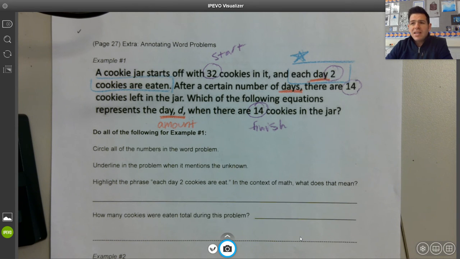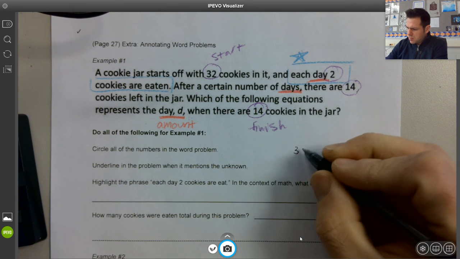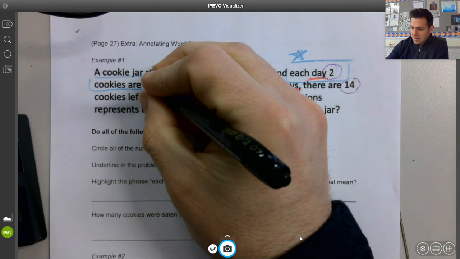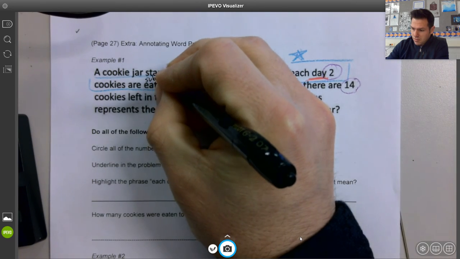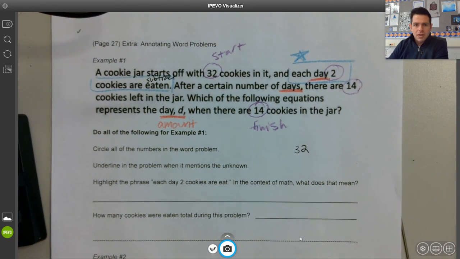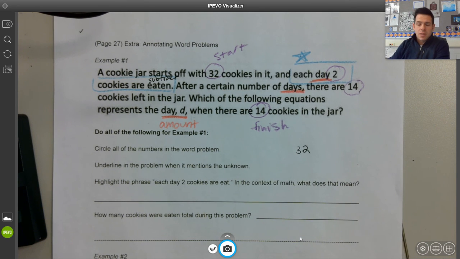So again, I'm not necessarily going to solve this problem. If you're wondering, I'll write this down somewhere. We start with 32 cookies. Each day 2 cookies are eaten. Eaten is actually a subtraction word here. We're removing 2 cookies each time. Technically, you might be putting them in your stomach, but you get the point.